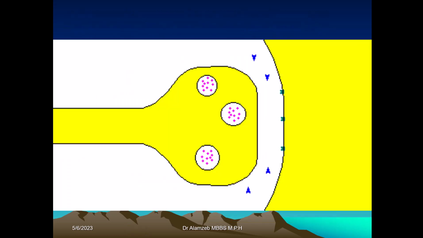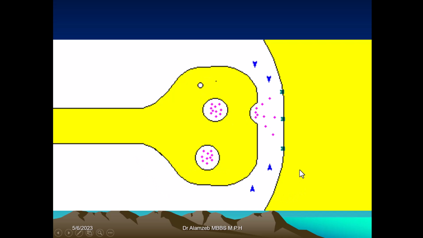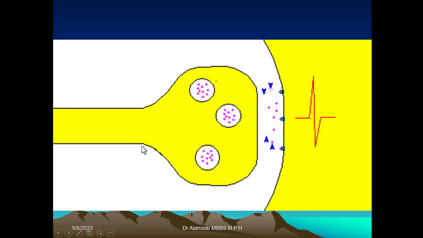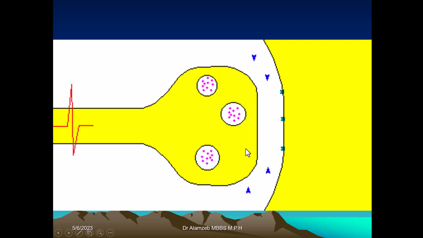So here you can see the mechanism which takes place at the neuromuscular junction.